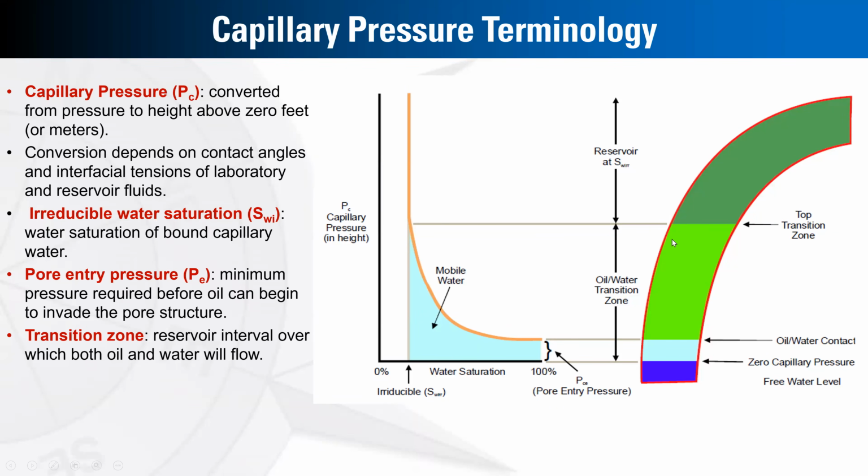The height or thickness of this transition zone is controlled by reservoir rock properties and the reservoir quality. So for high quality rock and high permeability, the thickness of this transition zone will be minimum, but for tight reservoir or low quality reservoir rocks and low permeability, the thickness of the transition zone will be much higher.